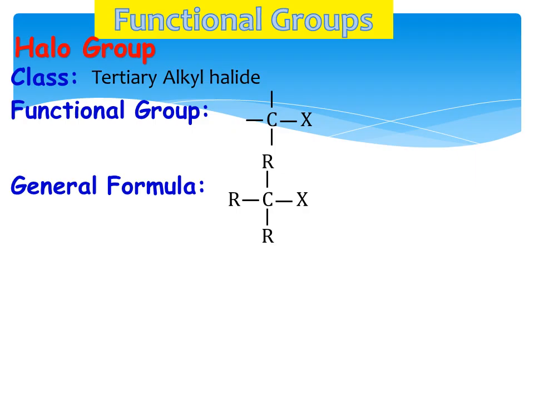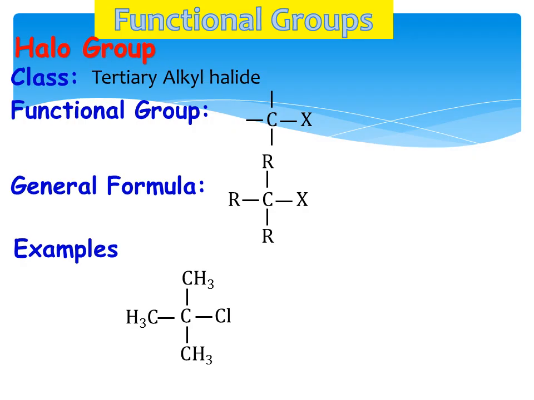When you fill that spare valency with R, it gives you a general formula. The example is here, with 4 carbons, and when a hydrogen is eliminated from the central carbon, it gives you tertiary butyl, and the chloro group is there, so tertiary butyl chloride.